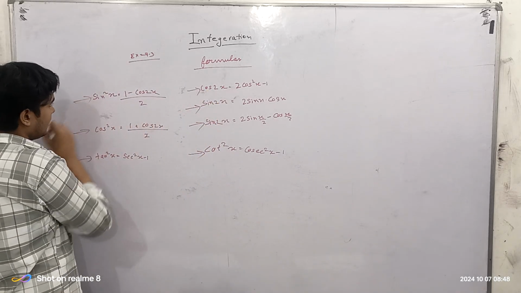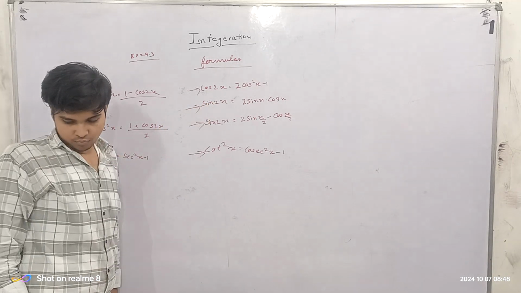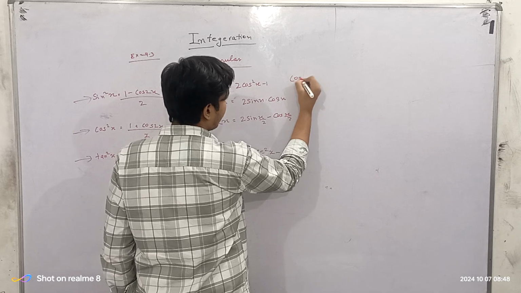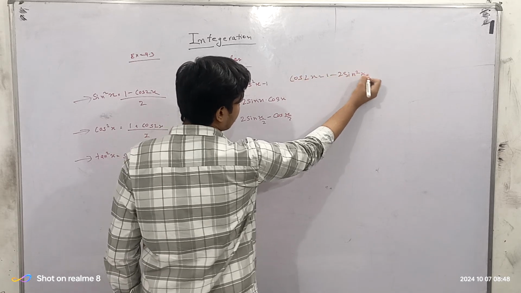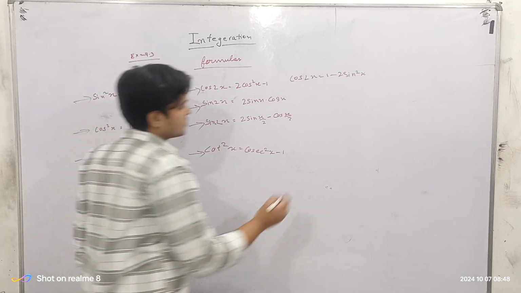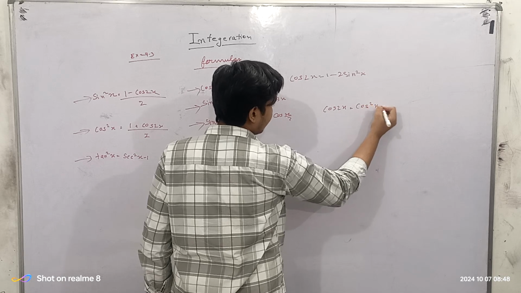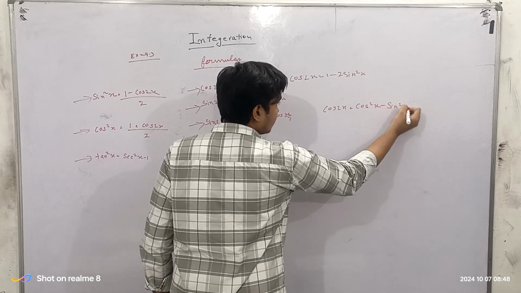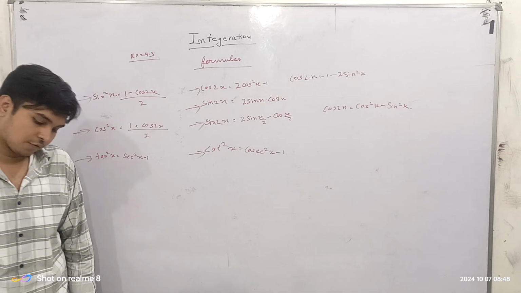These are the general formulas. Sin square x, cos square x, cos 2x and sin 2x will be used most of the time. Cos 2x is an important formula, and other forms are 1 minus 2 sin square x, and cos square x minus sin square x. These are all the important general formulas.